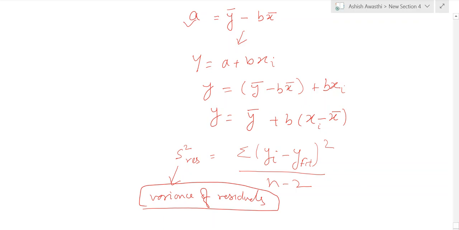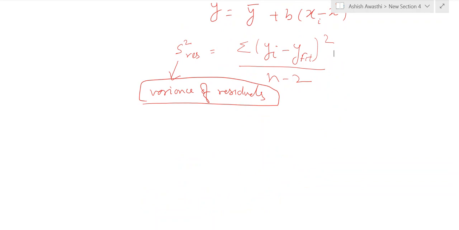As we discussed earlier, we have one more metric called R square. It is called the coefficient of determination, and it shows the variance explained by your regression analysis. This R square can be calculated as the sum of squares calculated by regression divided by the total sum of squares.